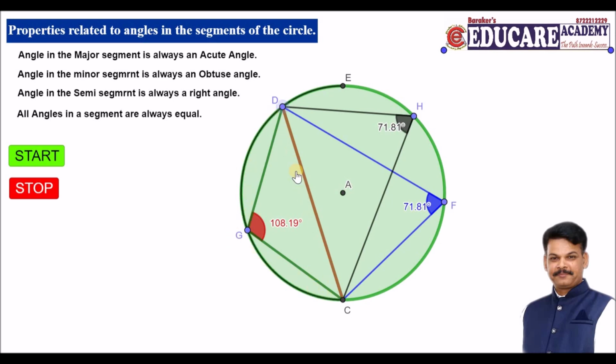So CDGC is the minor segment, whereas the segment CFHEDC is the major segment. You can consider any one point to mention the name of the segment, but I have considered all the points which are present on the arc.